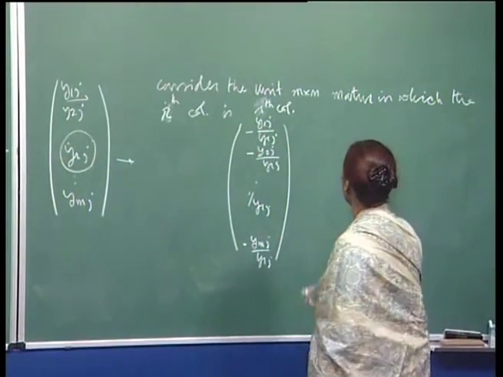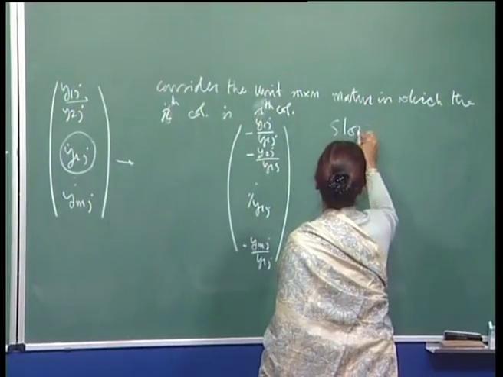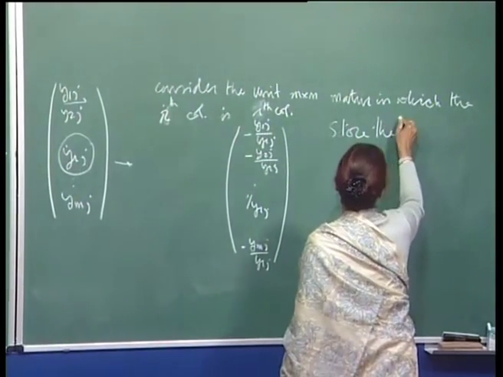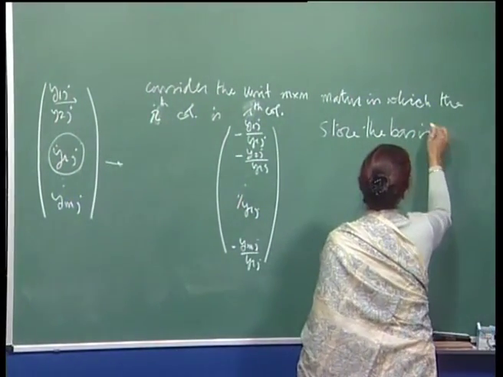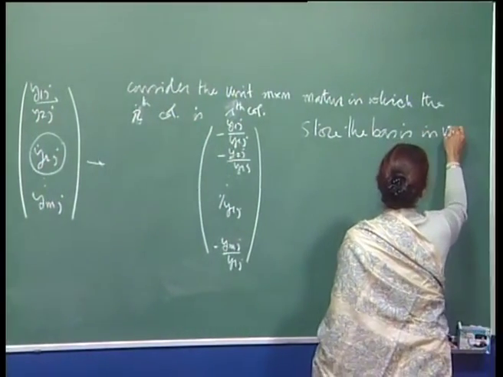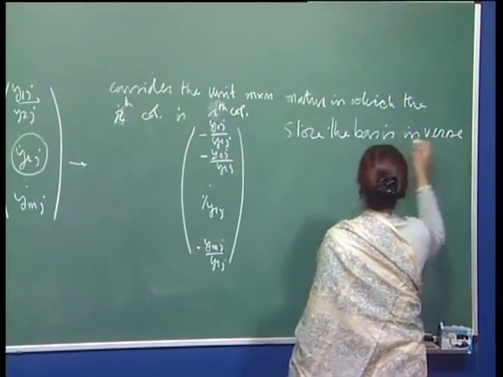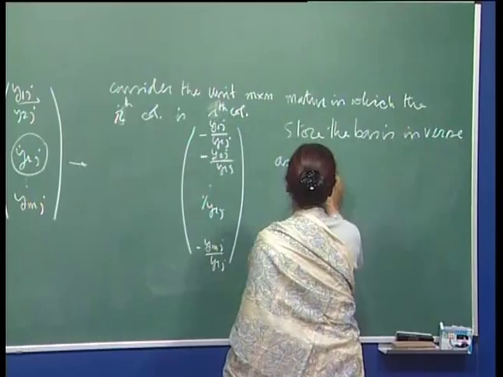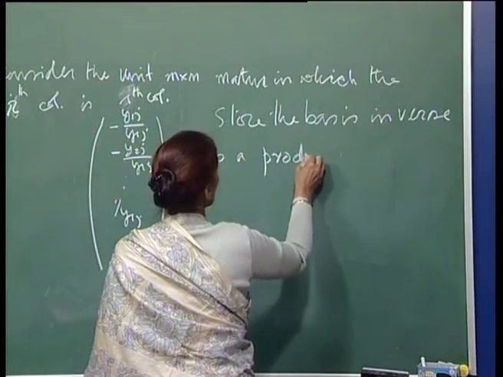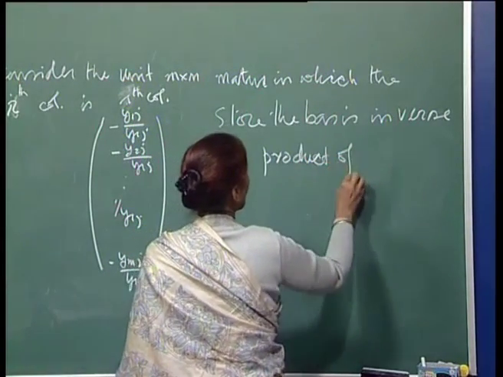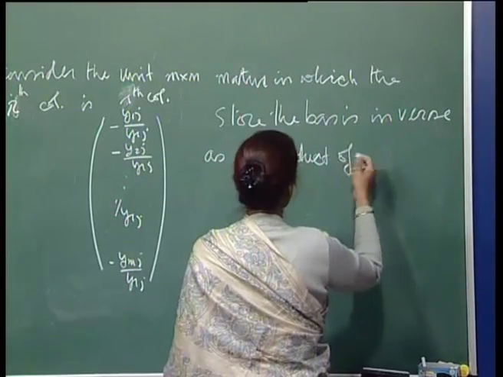So, you can store the basis inverse as a product of pivot matrices.